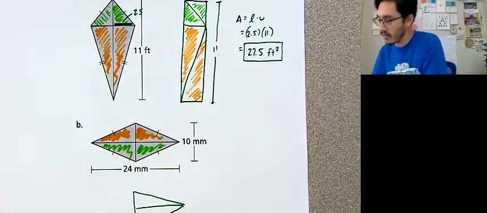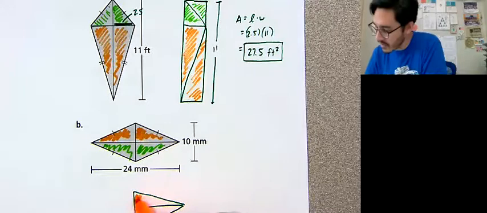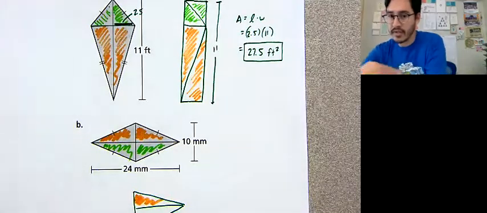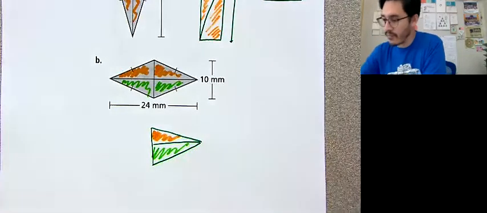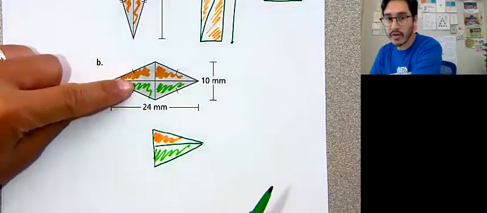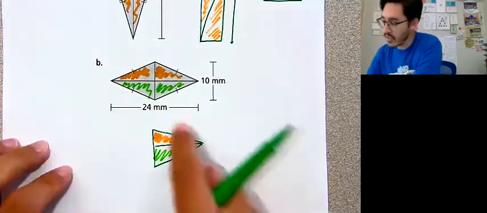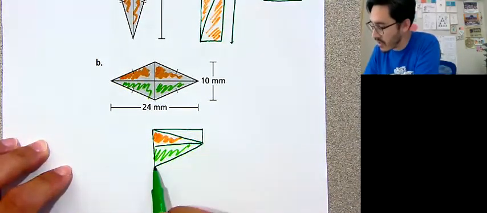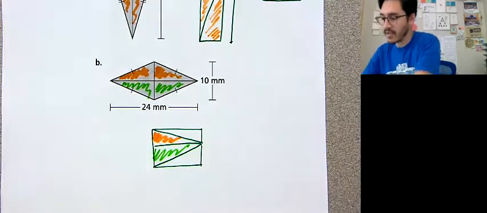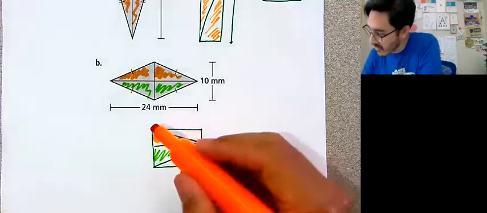Something like that. There's the orange piece. There's the green piece. And then I'll take the triangles from the left half of the figure and restitch them over here like this. So that's the second orange piece there, and that's the second green piece there.